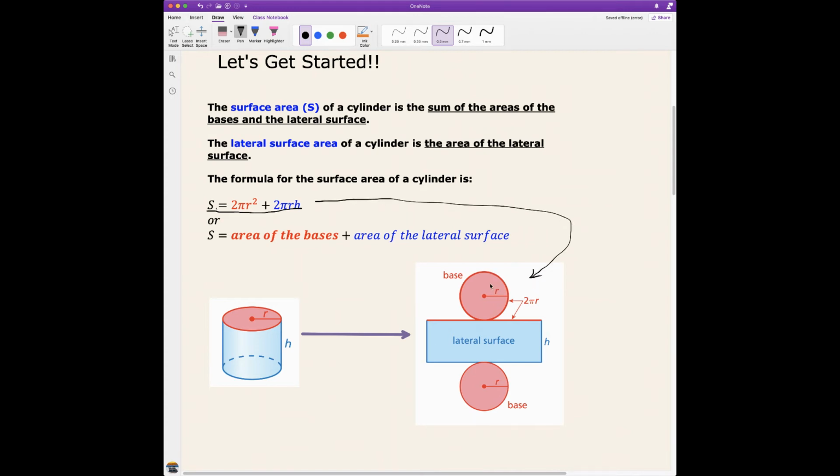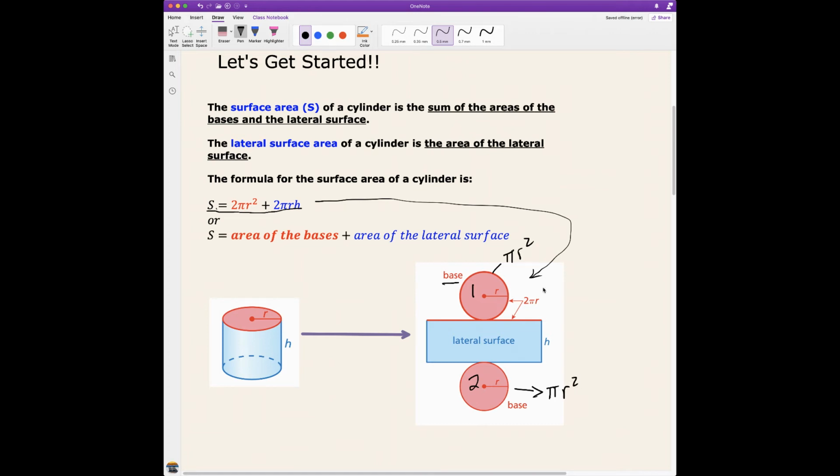If I look at the net, I see the base is made up of this circle and this circle. And I want to find the area of those circles. I know the area of each circle is pi times radius squared. The area of this circle is pi times radius squared.